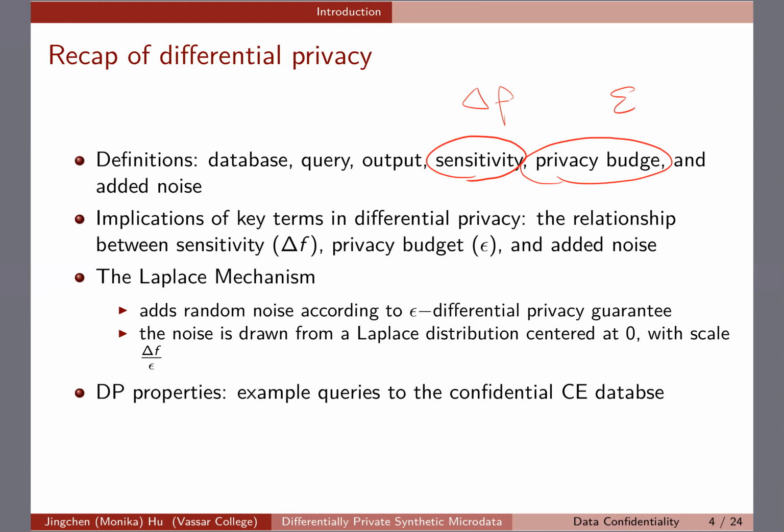So here we have this delta F with the subscript F, because this is about query, right? Remember back then we defined F as the query function, and the sensitivity is the L1 norm of the query function itself. So we have this subscript of F, okay? And in today's lecture, you will also see that we'll have the privacy budget, so epsilon is always there.